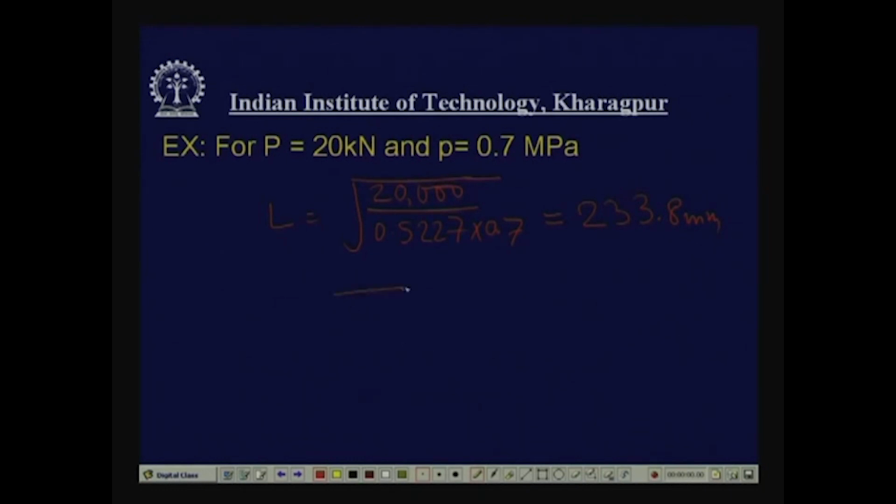The total length of the tire imprint is 233.8, and the radius of the end semicircles will be 0.3 L, so that is equal to 70.14.